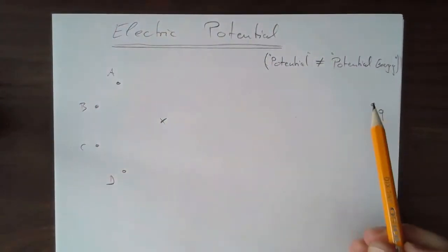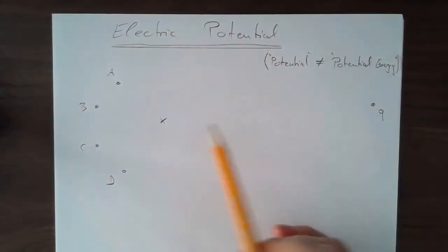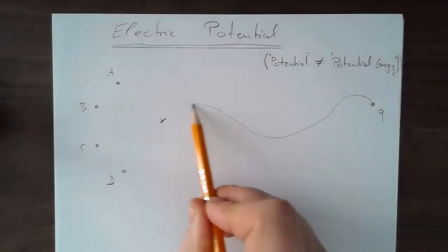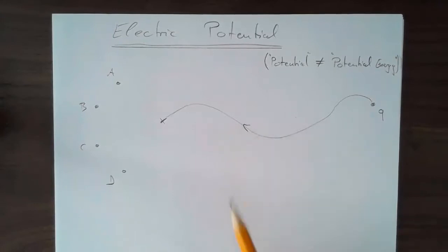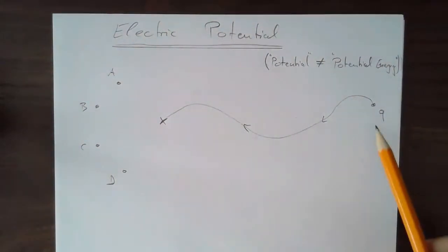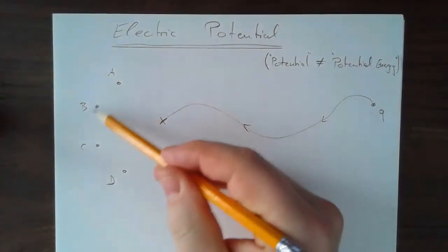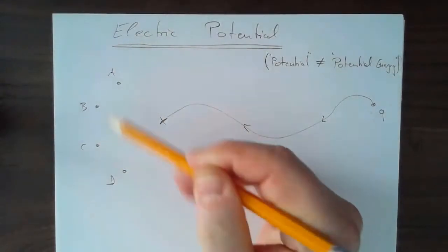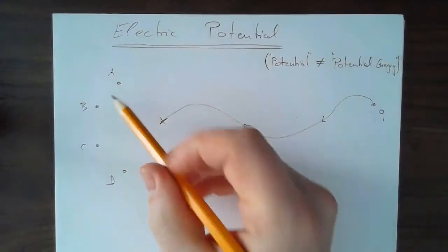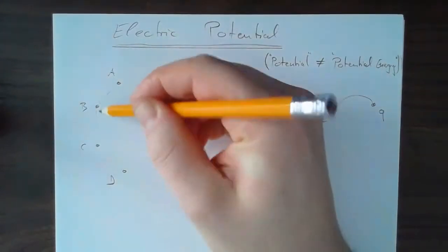I might move it by one path or a different path, but because electrostatic forces are conservative, it doesn't really matter what path I pick. I have to move it from really far away to this point right here. Before I move this charge, these 4 charges have a certain amount of potential energy just from their configuration, because they interact with each other.